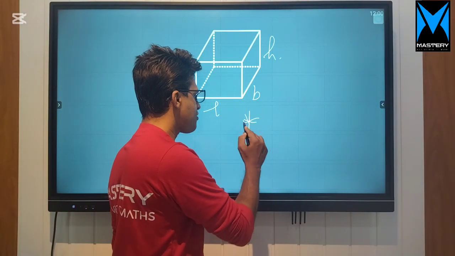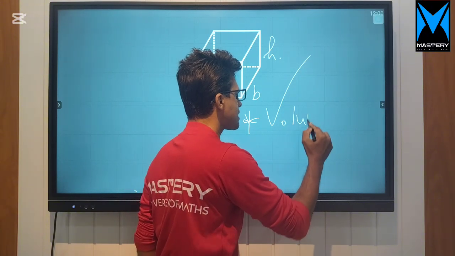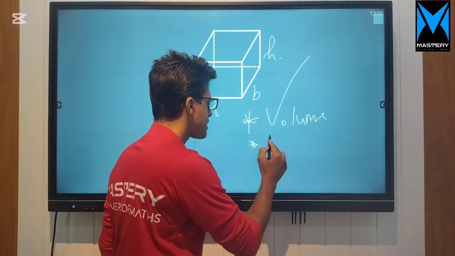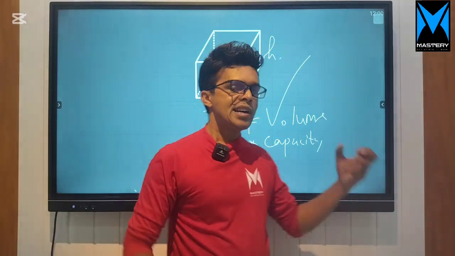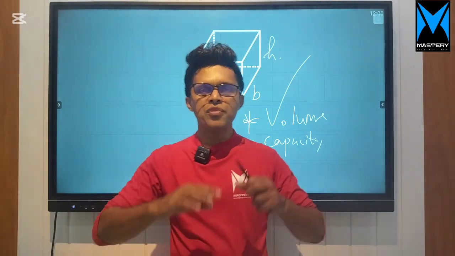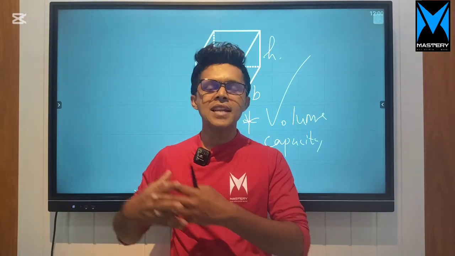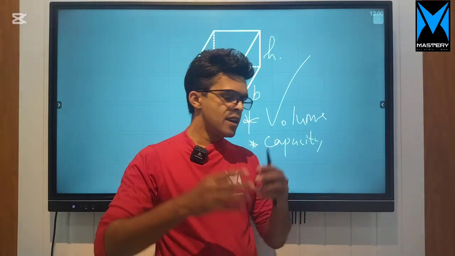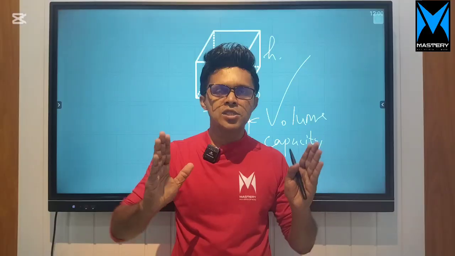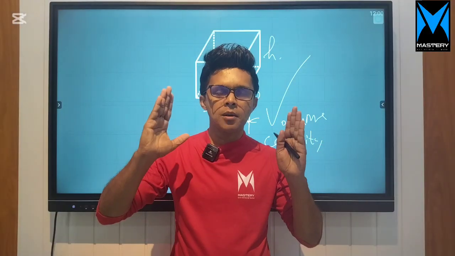Really, you need to clarify volume and capacity here. What is volume? When it comes to the idea of volume, we need to think of matter. Matter means solid, liquid, gases. When it comes to solids, we talk about volume.